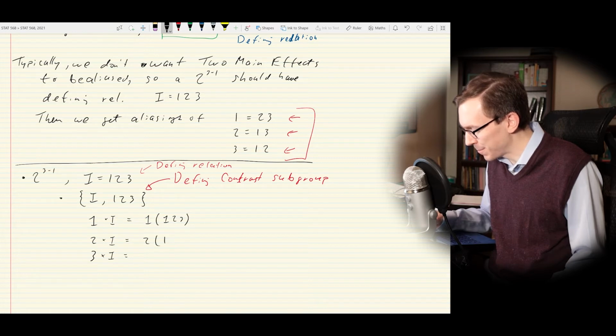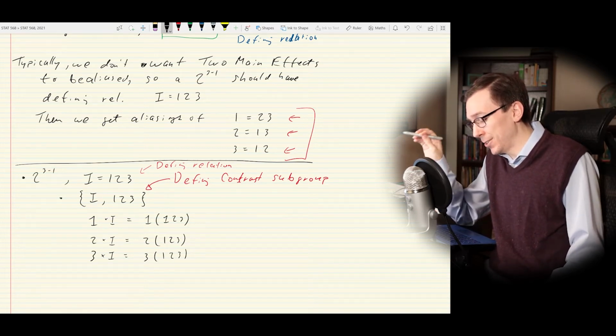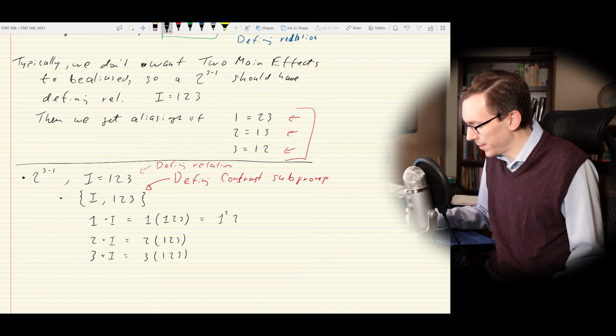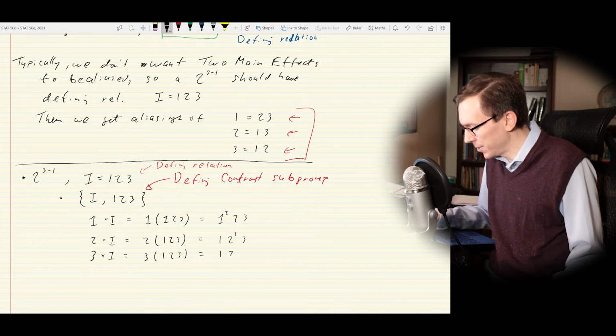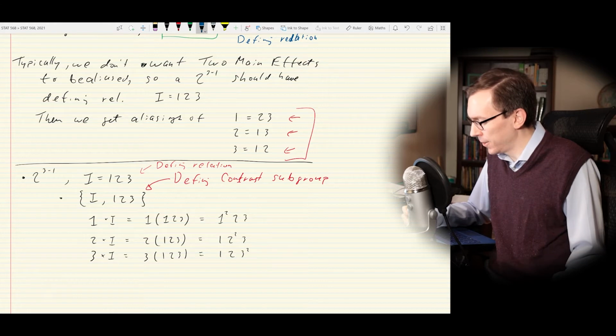So I have 2 times 1, 2, 3, and 3 times 1, 2, 3. Now, every element is its own inverse. So if I write this out in excruciating detail, I get 1 squared, 2, 3. I get 1, 2 squared, 3. And I get 1, 2, 3 squared. But the squared terms are all the identity, so they drop out.